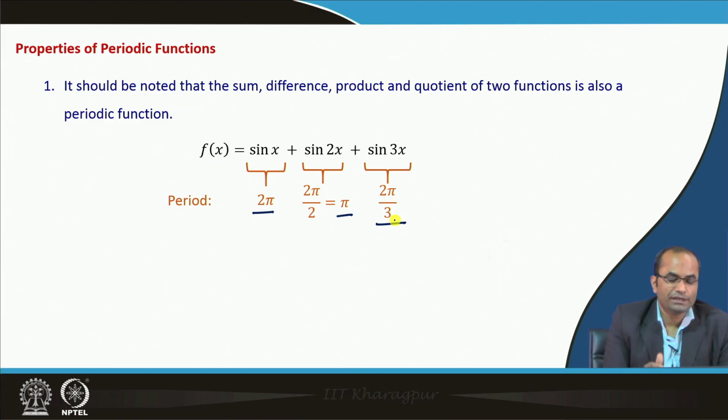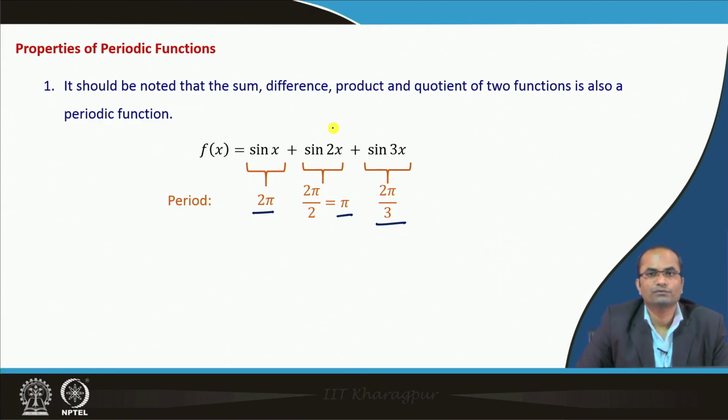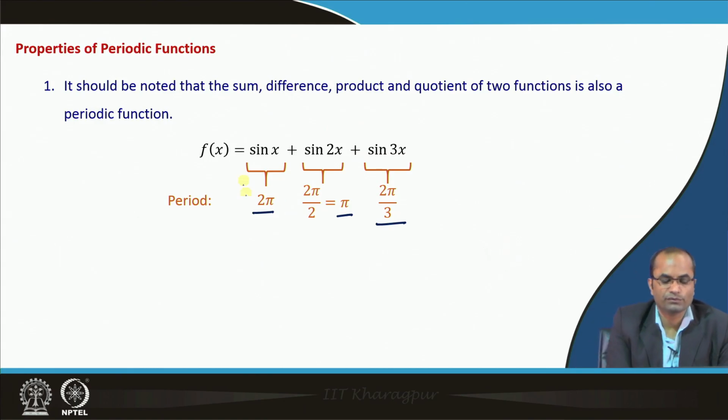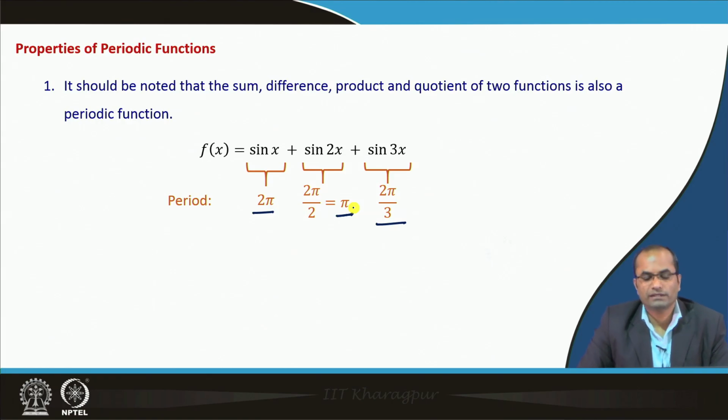To get the period of the sum, we just have to find the common period of all these functions. Sin x has period 2 pi, sin 2 x has period pi, but as we discussed in the previous slide, if pi is the period, so it repeats its value after pi, definitely it will also repeat its value after 2 pi.